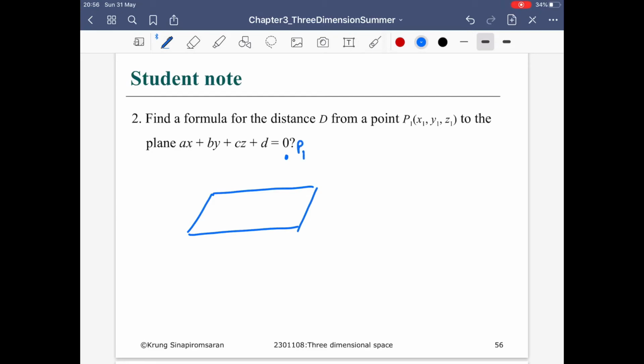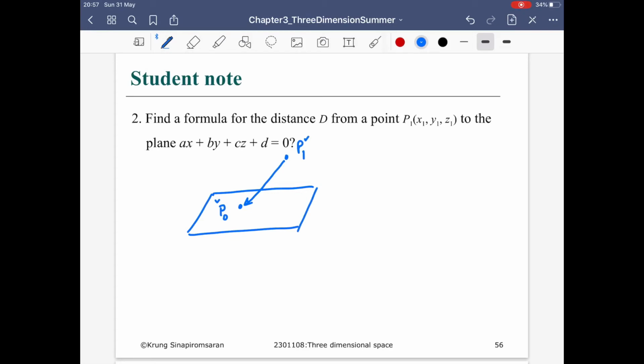Usually when you have the plane, you have one of the points that your plane is passing through. Let's call it p0. As you can see, your p1 is given, your p0 can be calculated, so you can immediately find the vector pointing from p1 to p0.